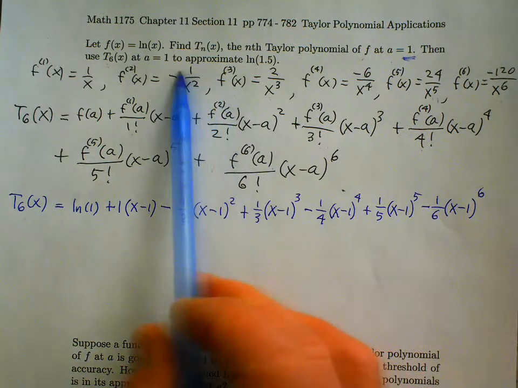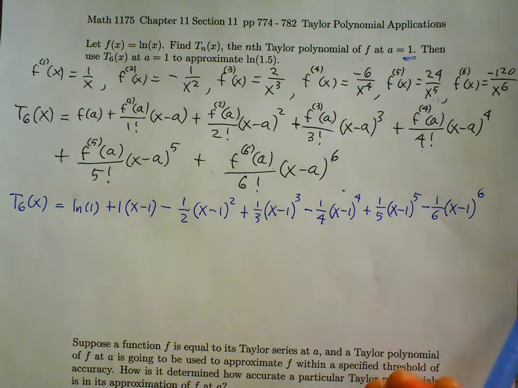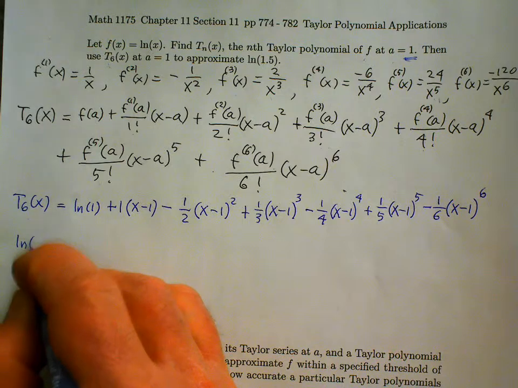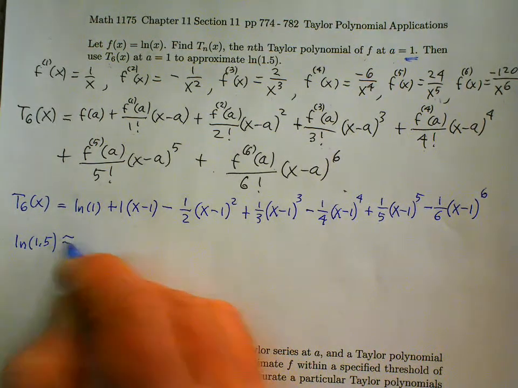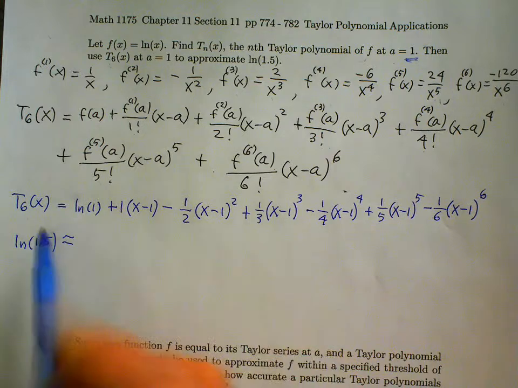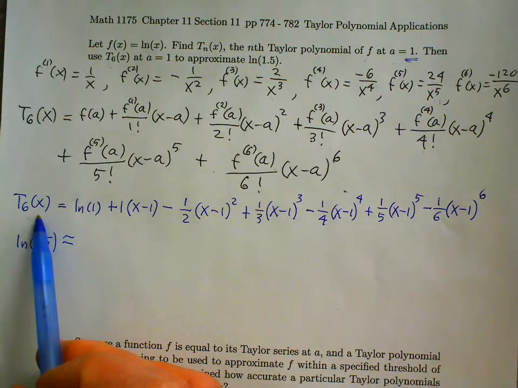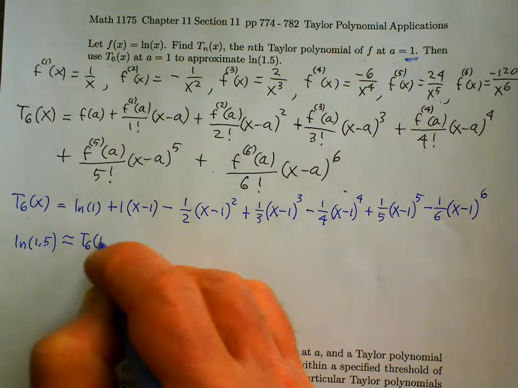Okay, use this to approximate the natural log of 1.5. Okay, so the natural log of 1.5 is approximately equal to this sixth degree Taylor polynomial evaluated at x equals 1.5. So T sub 6 of 1.5.